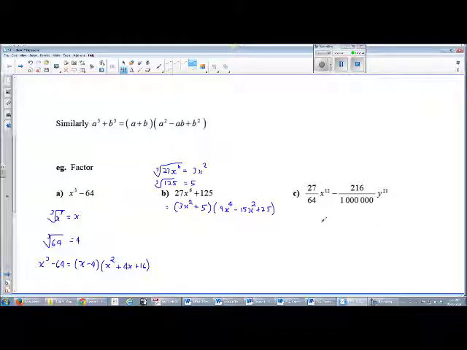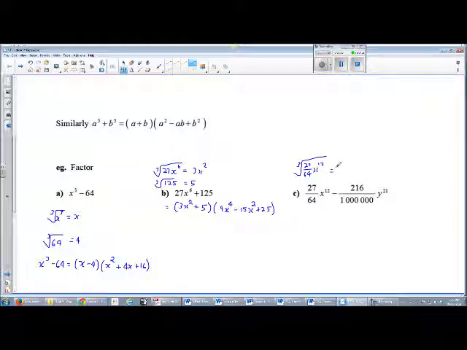And one last example. So we've got 27 over 64 x to the power 12. So the cube root of that would be, what would that be?